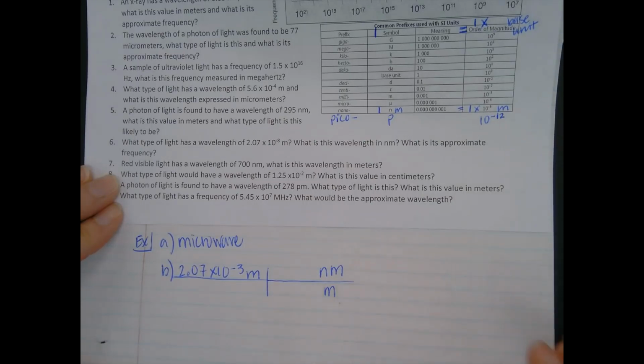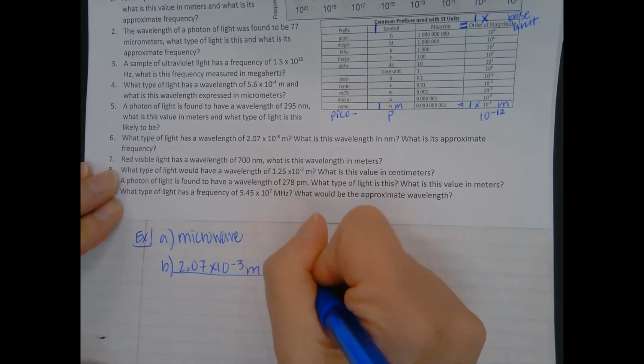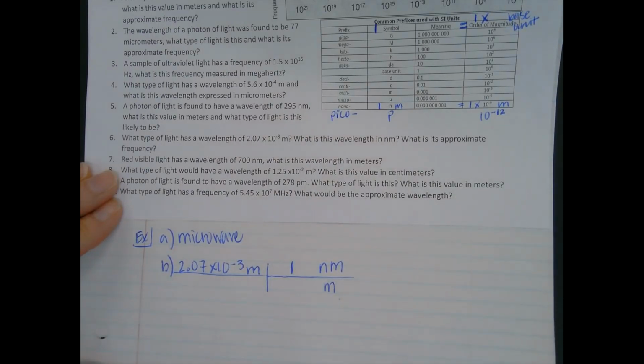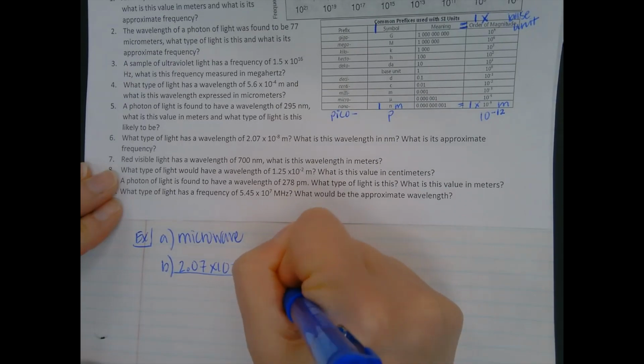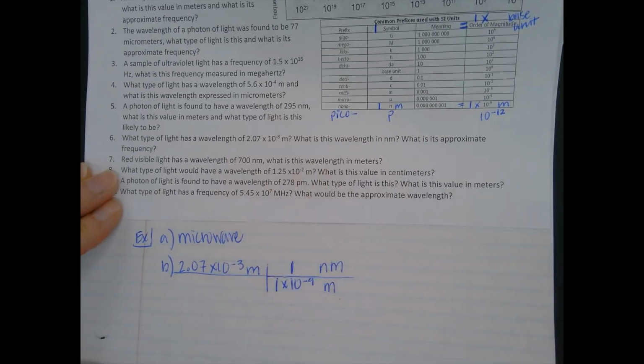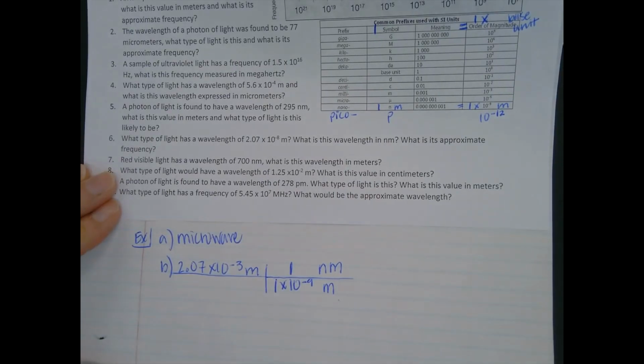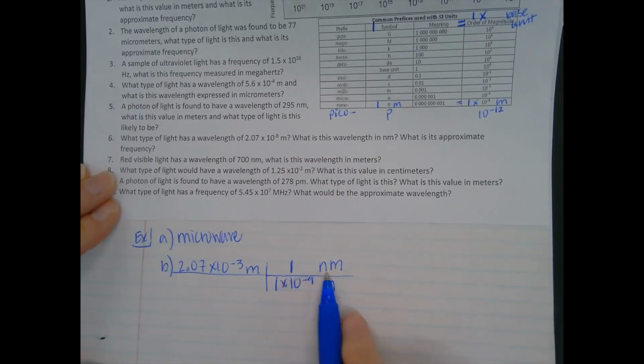So on my paper, I'm going to say that 1 nanometer equals 1 times 10 to the negative 9th meters. Okay?